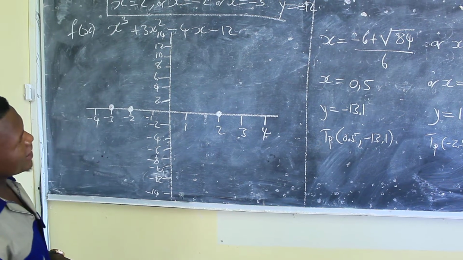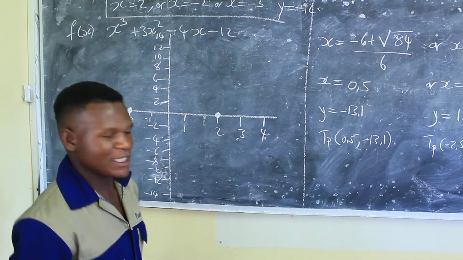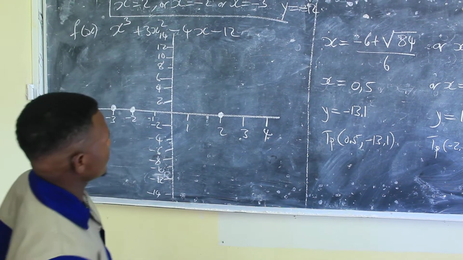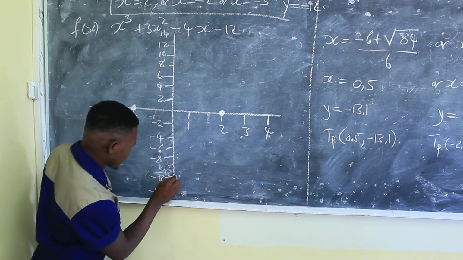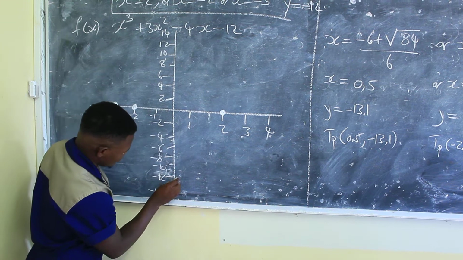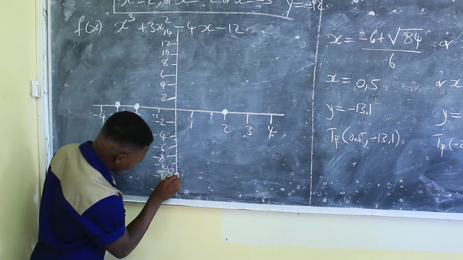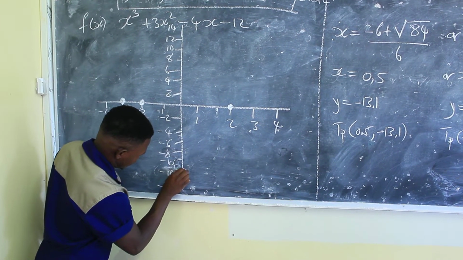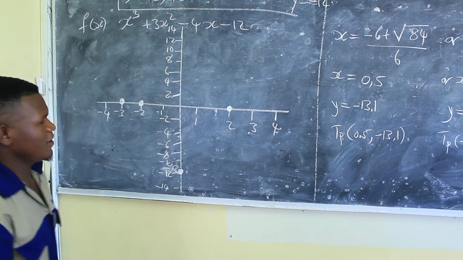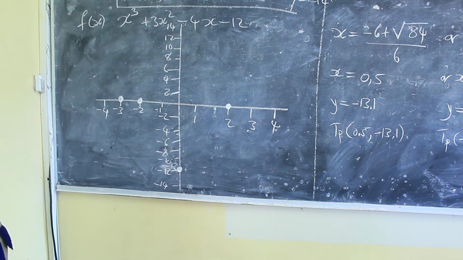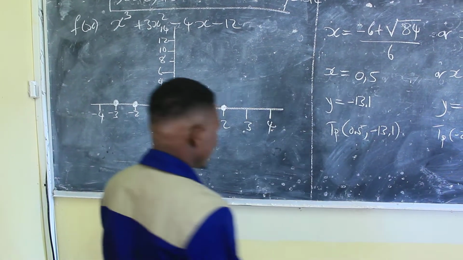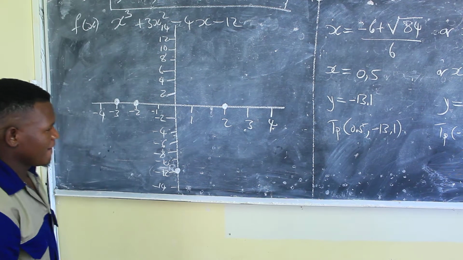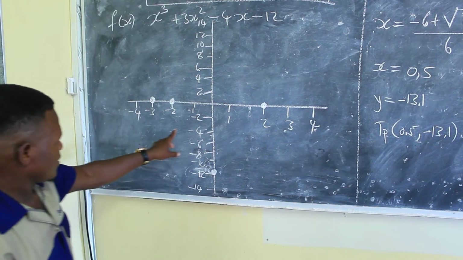Now, what is our y-intercept? Where is the line going to cut the vertical line, which is the y? So it's going to cut it at negative 12. Here, x is 0. Okay? Let's move to the turning point. The first turning point is 0.5 for x.